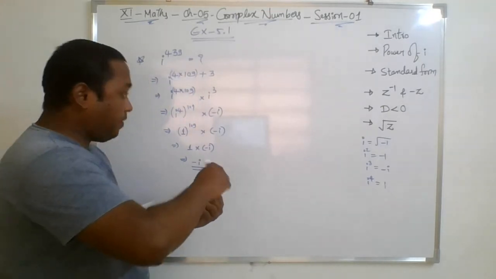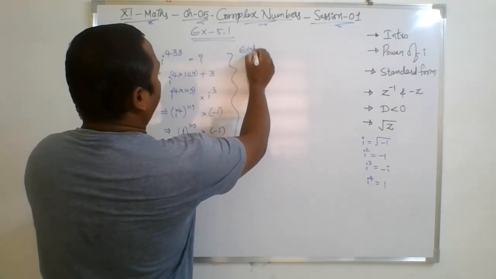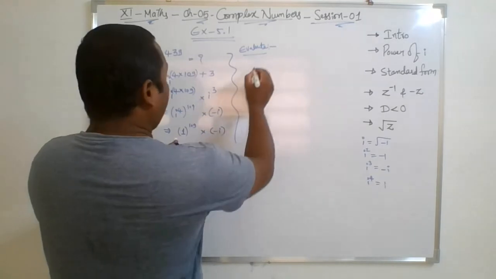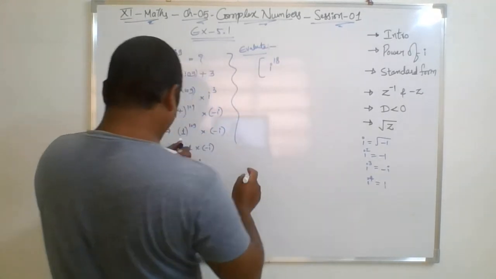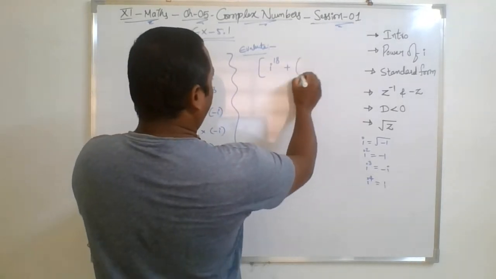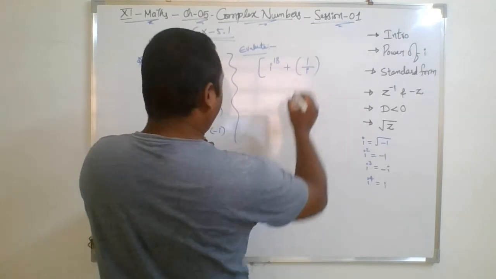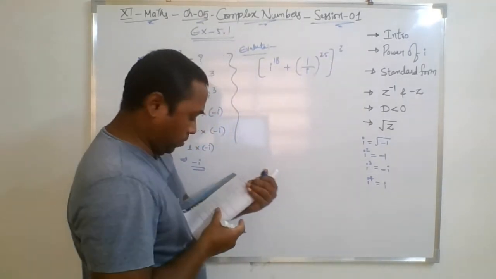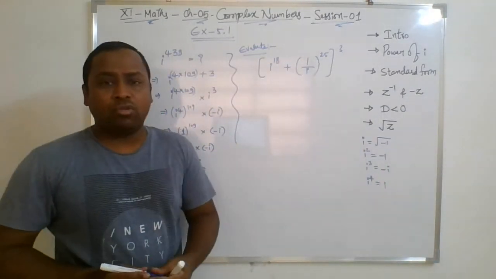The question is: evaluate i to the power of 18 plus 1 by i to the power of 25, whole cube. So step by step you need to solve, nothing else.